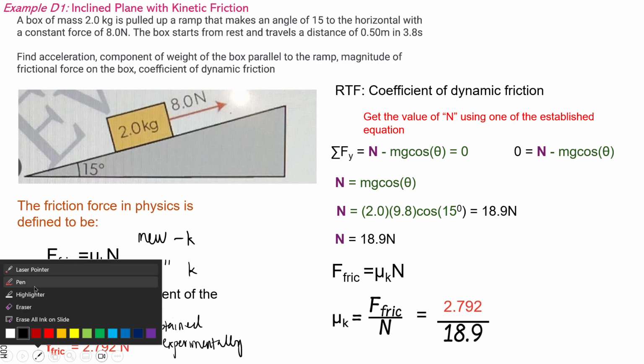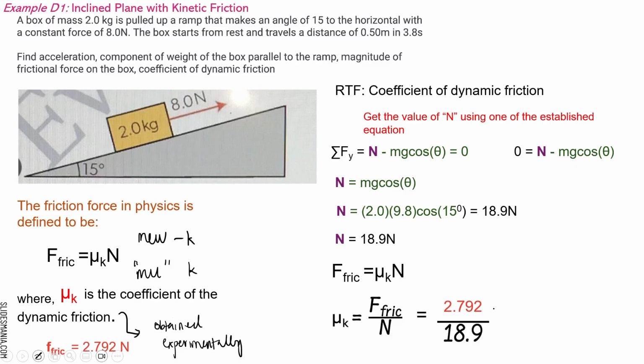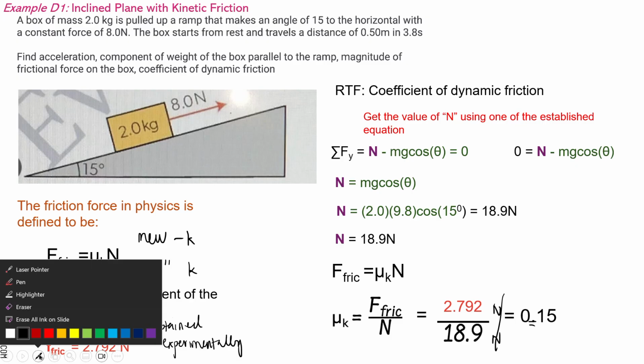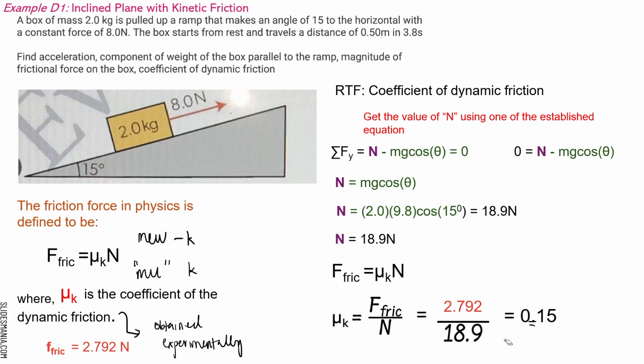Notice that the frictional force is in newtons, and the normal force is 18.9 newtons. The newtons cancel out, which gives us 0.15. This is why I said that the coefficient of dynamic friction is a unitless quantity. It has no units. So based on our calculation, the coefficient of dynamic friction is 0.15.